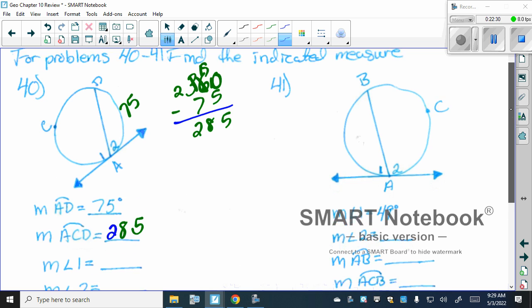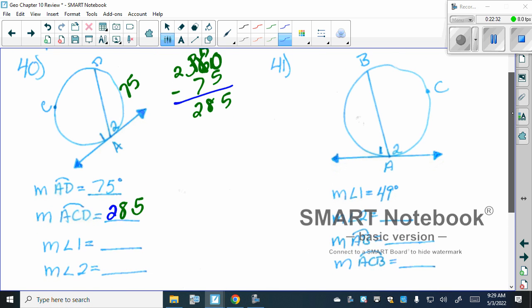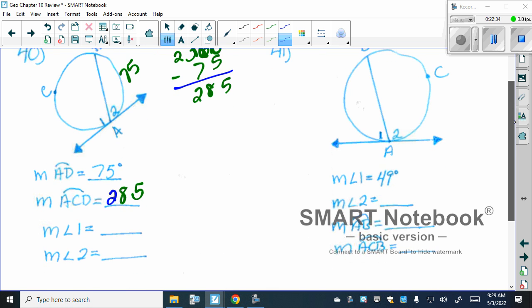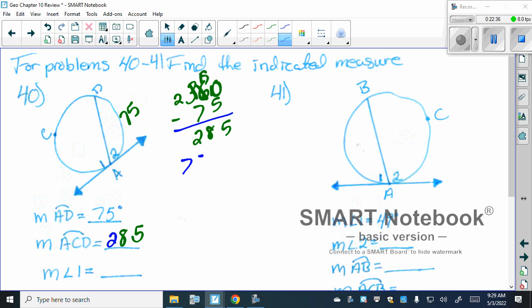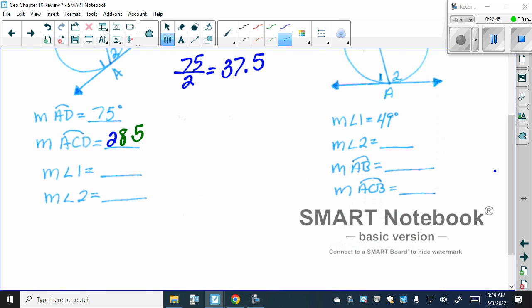The measure of angle 1 and angle 2 are half the measure of their arc. So for this here, we're going to take 75 and divide it by 2. So the measure of angle 2 is 37.5.